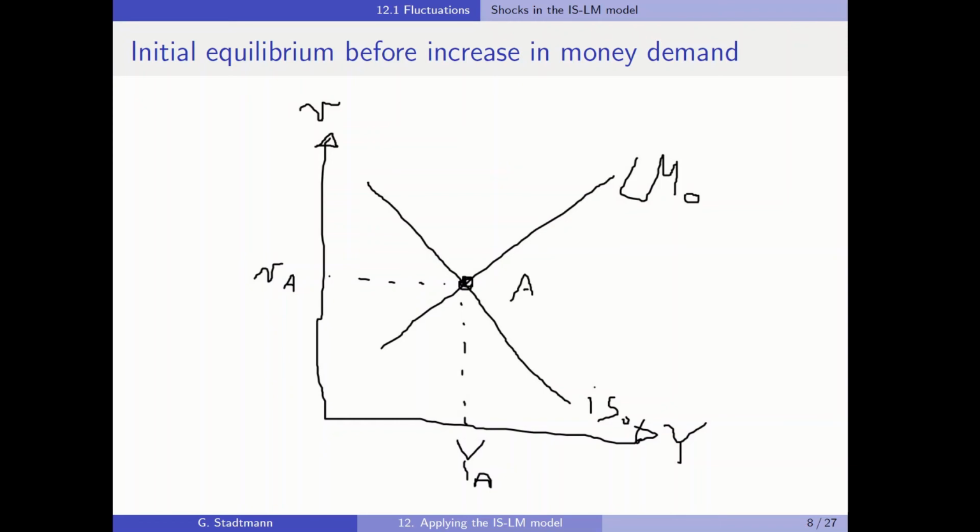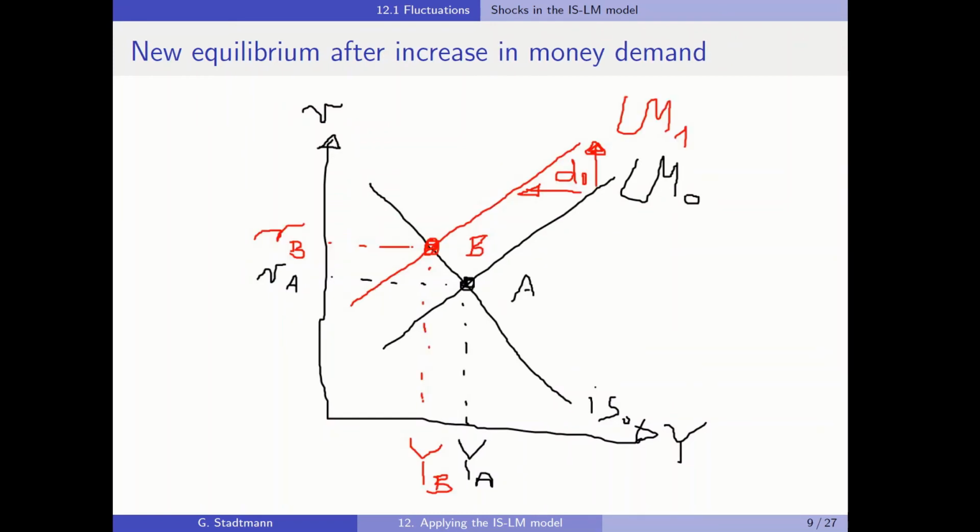We have once more indicated the initial equilibrium in point A. Scenario A is the initial equilibrium, interest rate is at the level RA, and GDP at the level YA. In case that money demand increases, this will lead to a shift of the LM curve to the left. D0, the autonomous component of money demand, increases, which shifts the LM curve to the left.